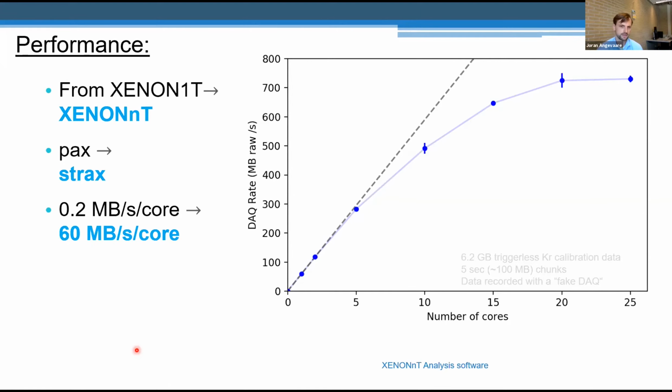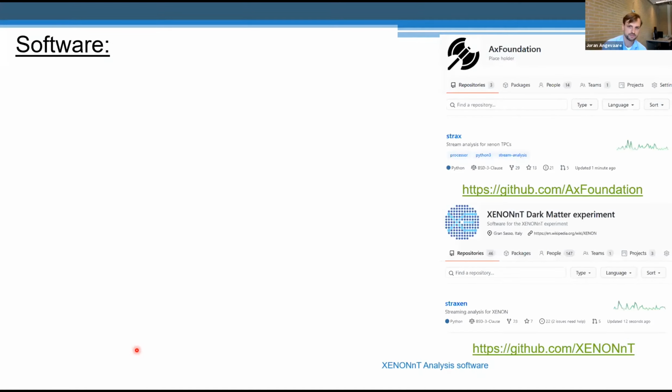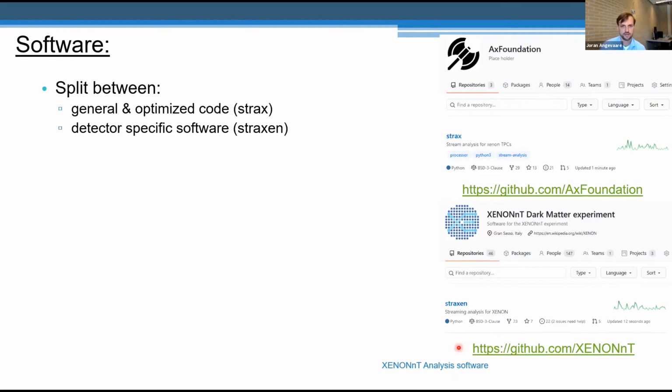So let's look a little bit deeper into how we actually get there. How does this work? The answer is this Strax, the streaming analysis for XENON. And our software is divided in this generic Strax framework and the XENONnT specific Straxen framework. So in Strax, we have all the generalized and optimized code.